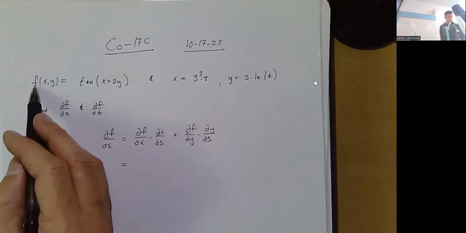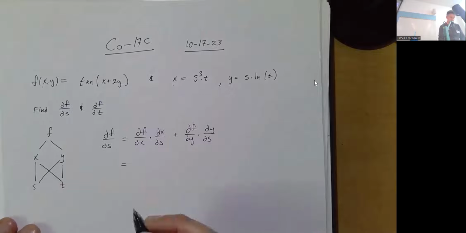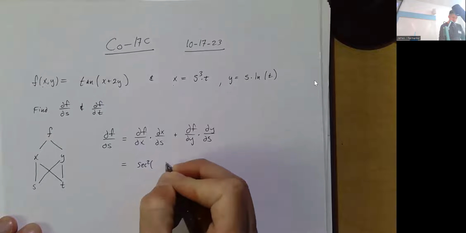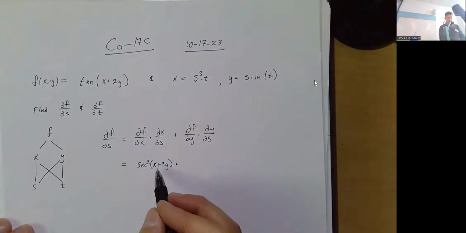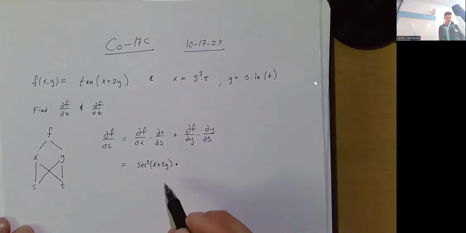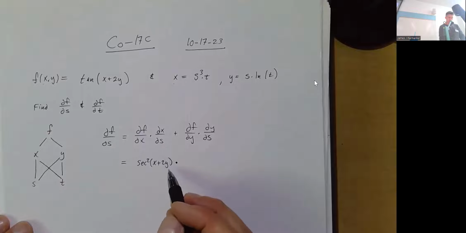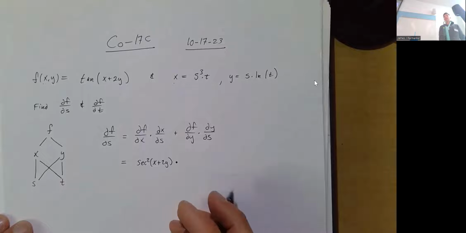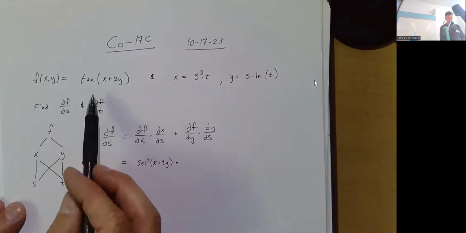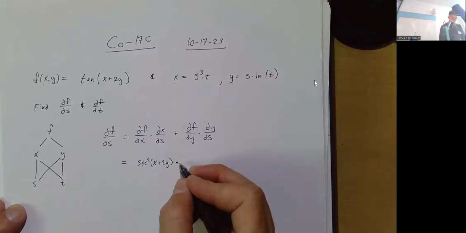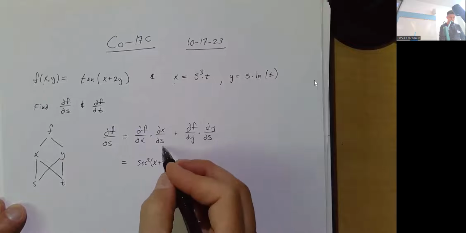And then we're going to find the things. So the partial derivative of f with respect to x, well, the derivative of tangent of anything is secant squared of whatever you've got. So secant squared of x plus 2y multiplied by the derivative of the inside, which is 1. Sorry, I'm getting a little ahead of myself. And then we have to multiply by del x del s.